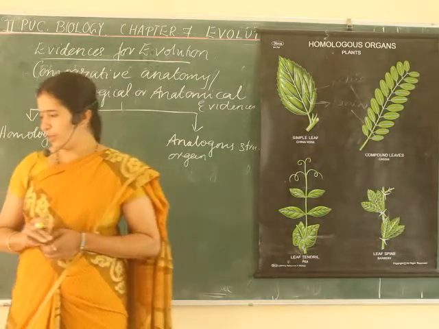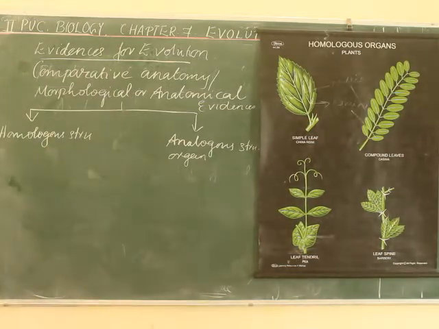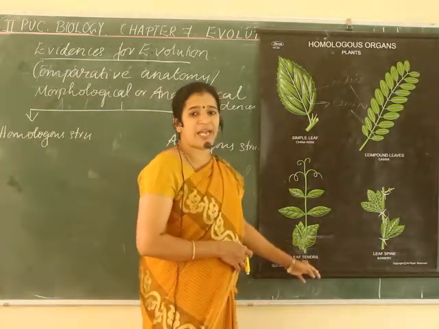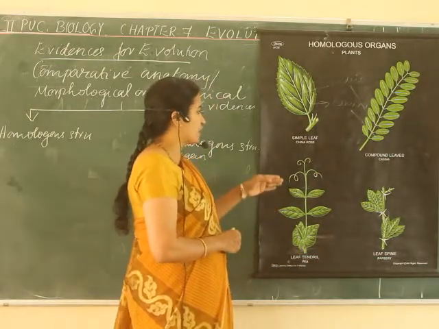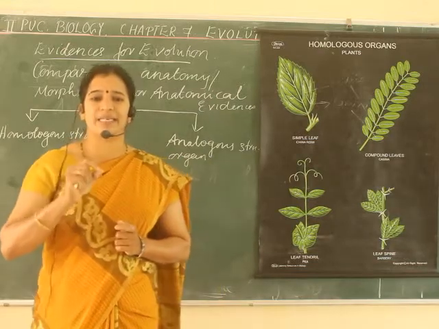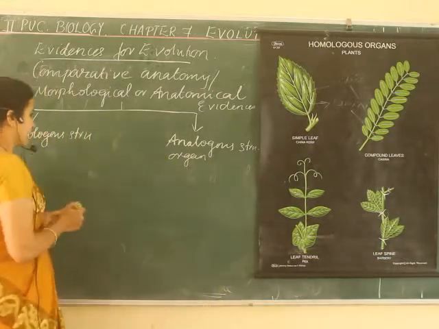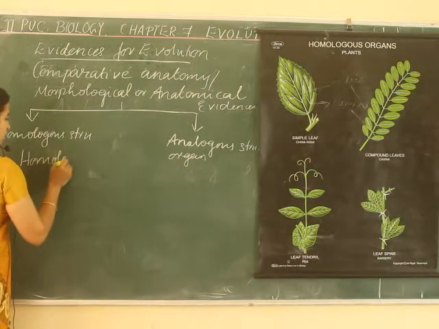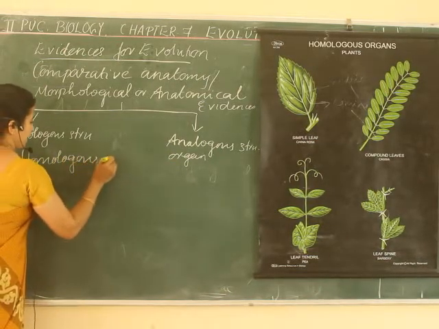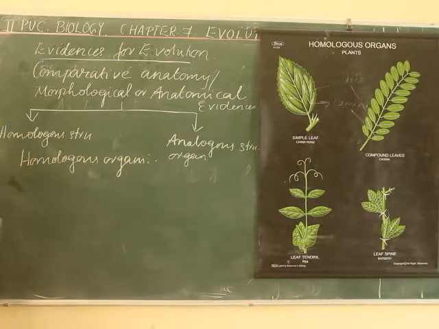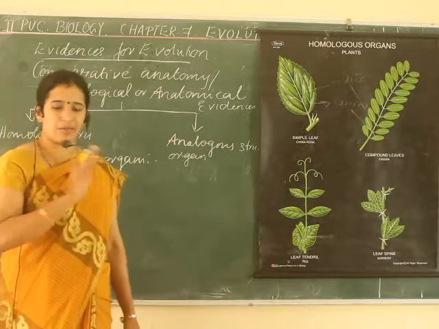In the textbook, you can see another picture showing different examples of homologous organs in plants and animals. Here in the chart, you can see the homologous organs present in the plants. Let us first understand the definition of homologous organs. Mark these two terms as important.